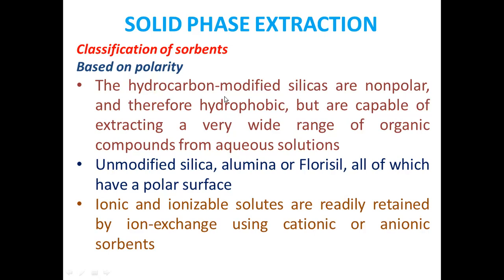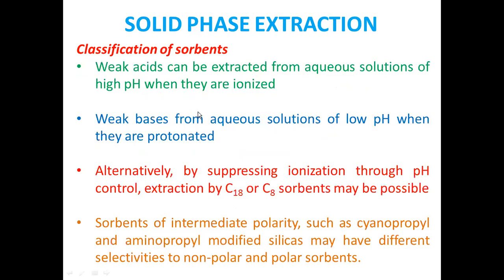So based on polarity, polar and non-polar sorbents are used. Even some ionizable sorbents are also used to separate ionizable solutes, and the sorbents will be used with respect to various experimental conditions. Say, for example, you have to separate weak acids.